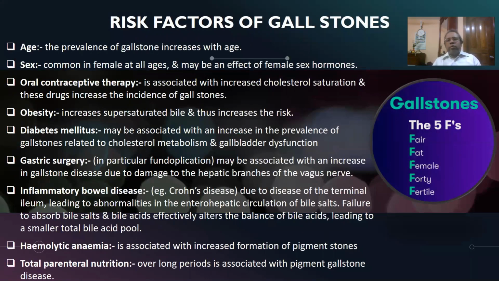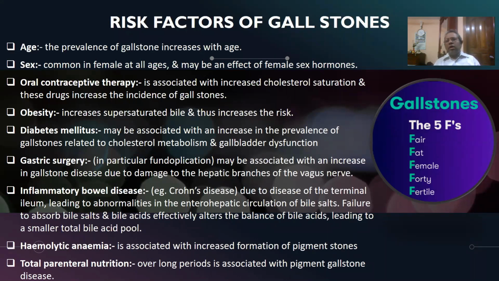What about the risk factors of gallstones? So the risk factors are age. The prevalence of gallstones increases with age. And sex preference is more in females, common in females at all ages, and may be an effect of female sex hormones.